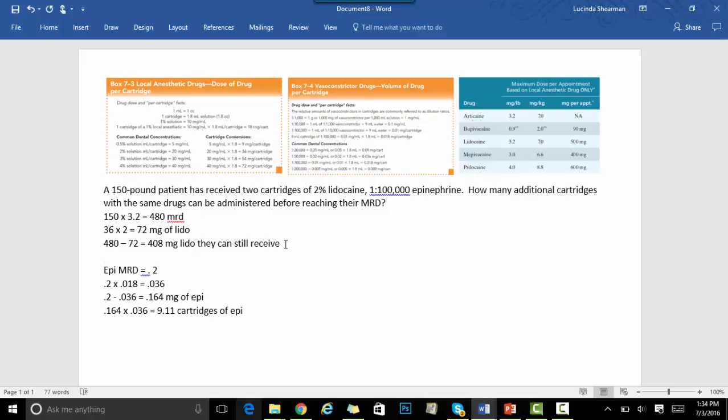How many carpules can they have? So 408 divided by 36 milligrams per cartridge will equal 11.33 cartridges of lidocaine. So after calculating all the limitations and what they've received so far in anesthetic drug and vasoconstrictor, the limiting drug here is the epinephrine at 9.11 cartridges.